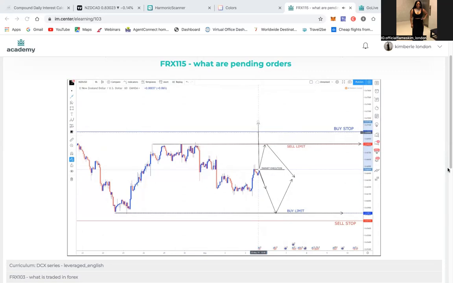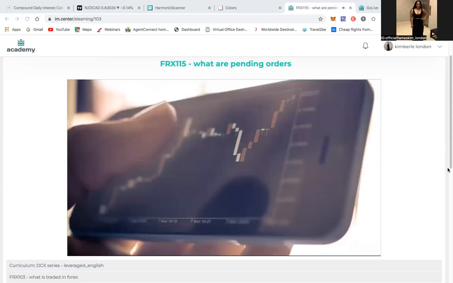If the price were to rise up and break this area of 1.6700, the buy stop would activate and automatically put the buyer in a buy at that current price. The same is true for a sell stop in the market. If the trader is looking for the market to continue to come down and break this current level right over here, the sell stop will activate and automatically put the trader in a sell at the price where they set the sell stop. This, ladies and gentlemen, is what pending orders are.